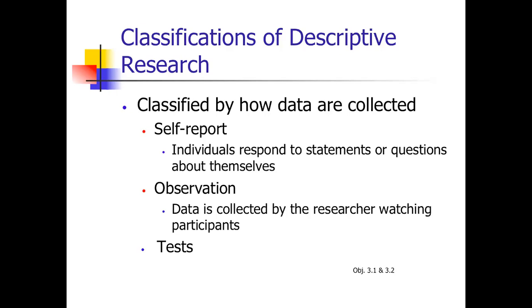And the next one is a test. Usually a test is used when we are trying to describe the cognitive ability of the participants. So descriptive research may also use cognitive tests. For example, we want to find out the level of junior secondary school students' ability in using English grammar.